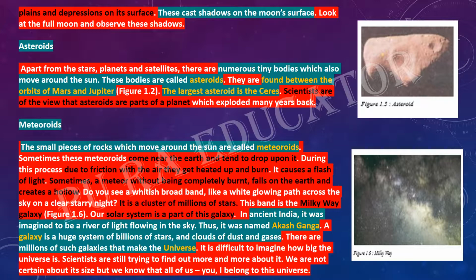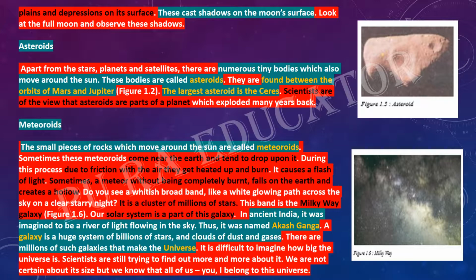Cluster of the satellites are known as galaxies. Our galaxy is the Milky Way galaxy. In ancient times, it was imagined to be a river of light flowing in the sky, so our Milky Way is also known as Akash Ganga.